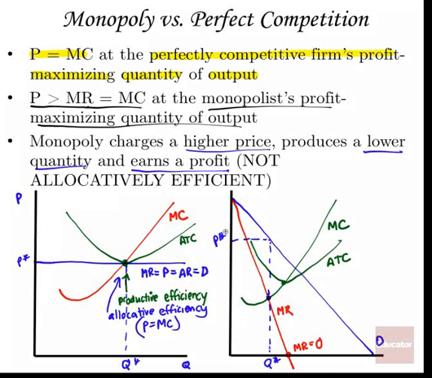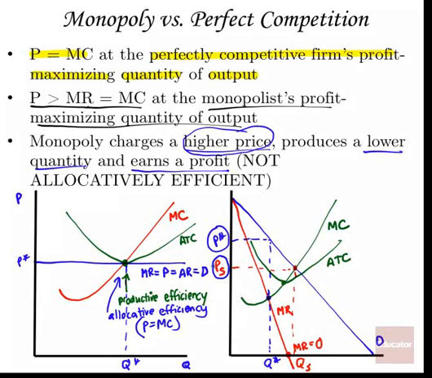All right, so where's the allocatively efficient point? I'm going to label this where the price equals the marginal cost curve. So this is going to be QS, allocatively efficient. So notice here, this is PS. The price that the monopolist charges, which is P star, versus PS, the allocatively efficient price, you get the higher price.